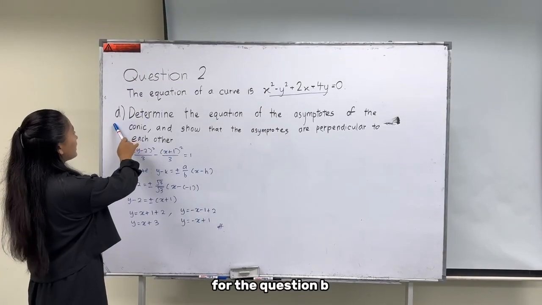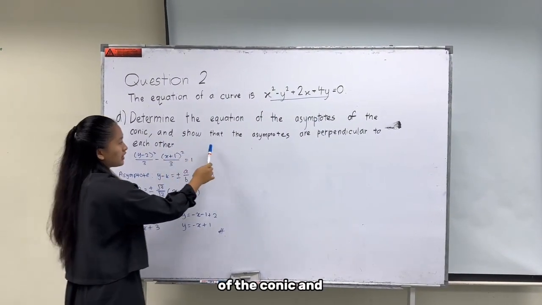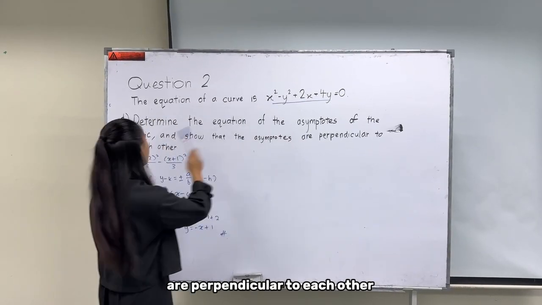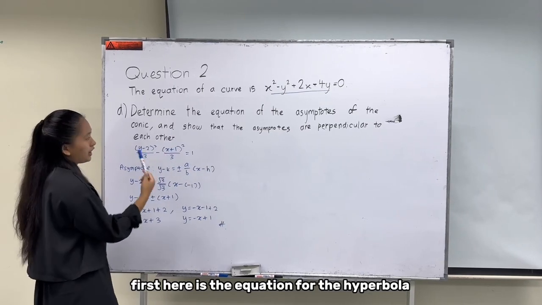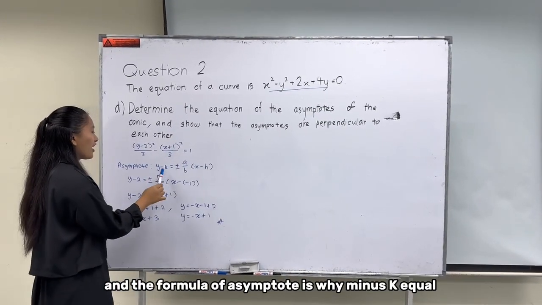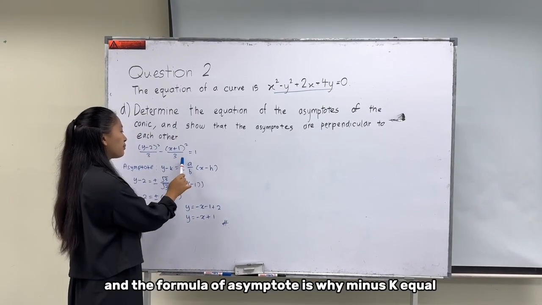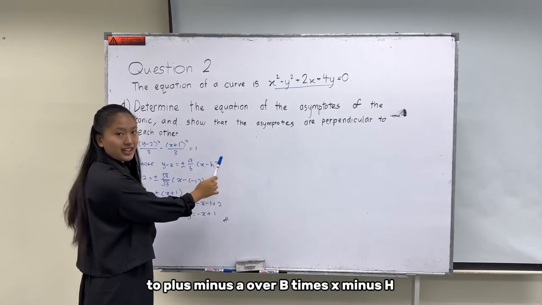Question D is determine the equation of the asymptote of the conic and show that the asymptotes are perpendicular to each other. First thing first, here is the equation for the hyperbola, and the formula of the asymptote is y minus k equals plus minus a over b times x minus h.